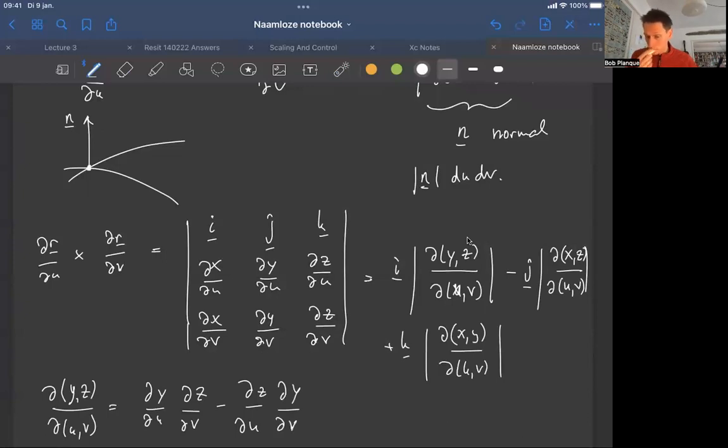So one of these subdeterminants, etc. So that's quite a mouthful, obviously.